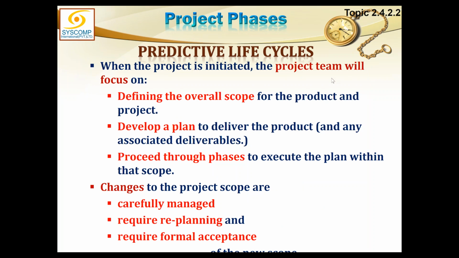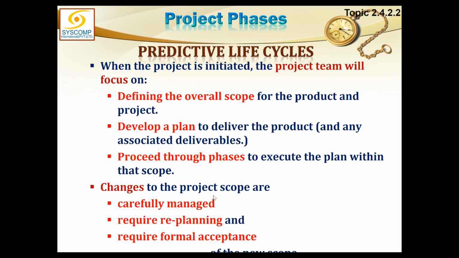When the project is initiated, the project team will focus on defining the overall scope because the uncertainty is less, so it is very easy to have a definite kind of scope. So overall scope is pretty much known in this case. And if it is so well known, then it is very easy to develop a plan to deliver the product which is in mind. You then proceed phase to phase and ultimately execute each one of them and keep meeting your scope.